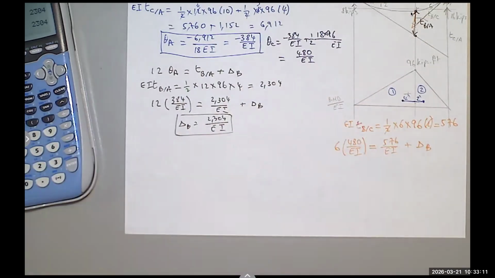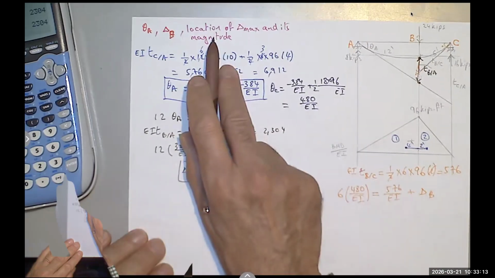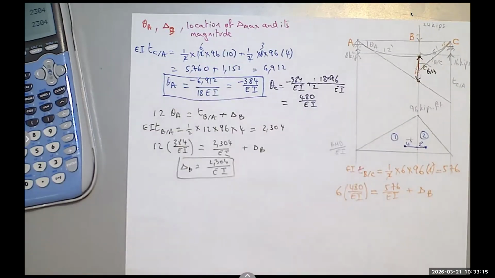The question now, where is the location of the maximum delta or deflection? If you think about it, the relationship between slope and deflection, going back to something we did before, is the same as the relationship between the shear force and the bending moment. Exactly the same.